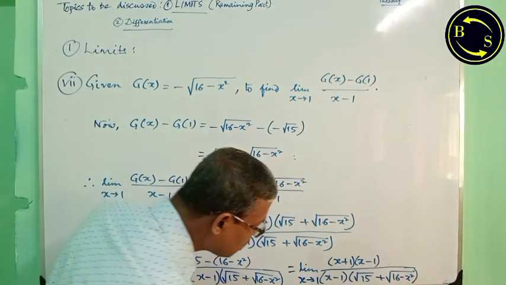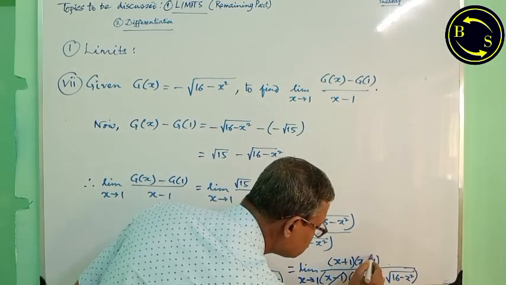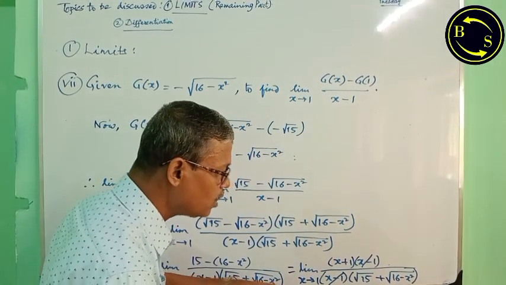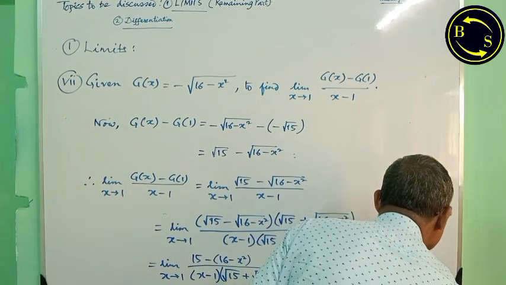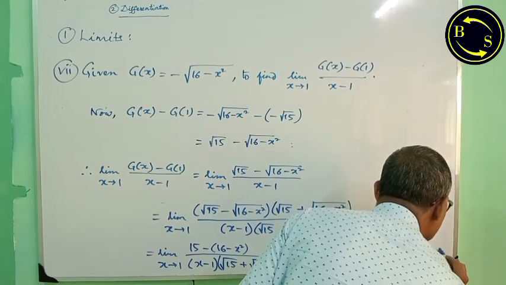Now we can cancel x minus 1, since x is not equal to 1, we mention that here.